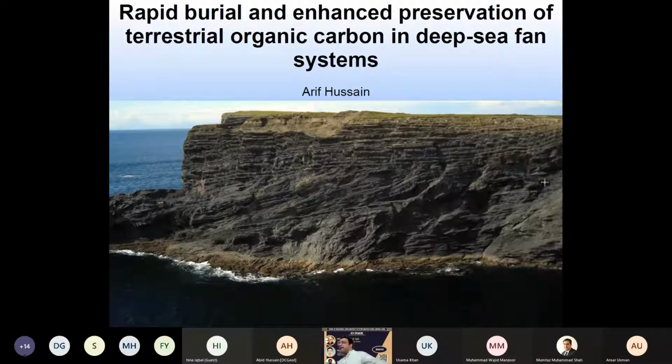So much of the morning, like the previous presenters, they have really neatly documented the large-scale processes and controls on sediment supply and then their transport to the deltaic settings or shelf setting.